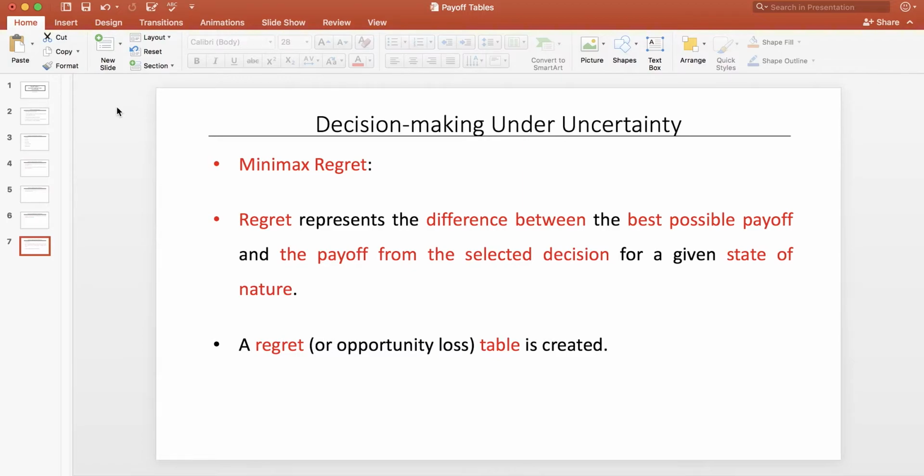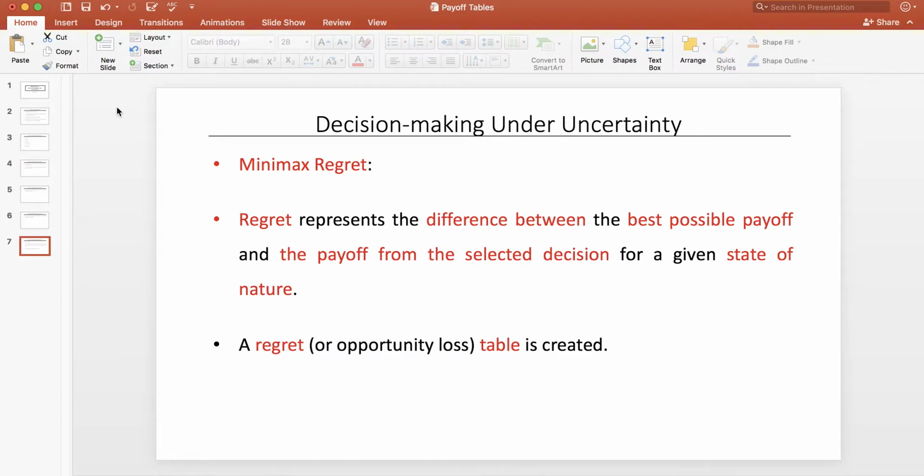But I opened in city C, which resulted in a profit of $20,000. So the difference between $100,000 and the $20,000, which is $80,000, is called my regret. Okay? So what happened is, I could have made $80,000 more if I chose to open in city A, but I didn't, so that $80,000 is called the regret or opportunity loss.